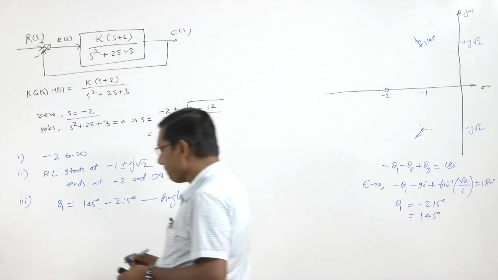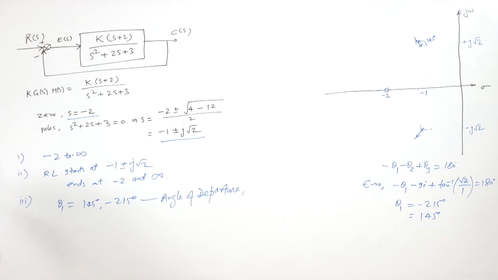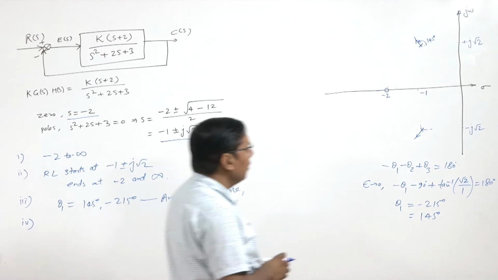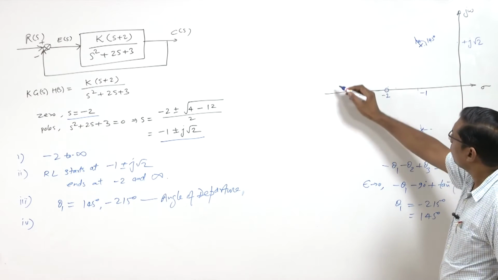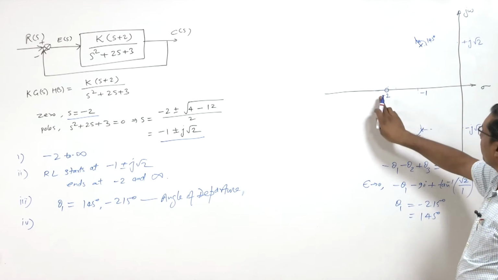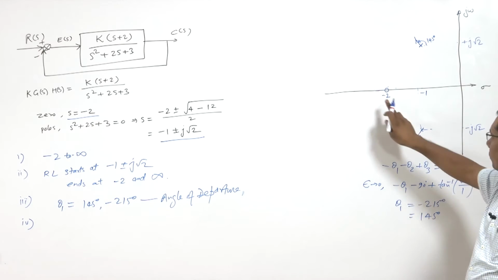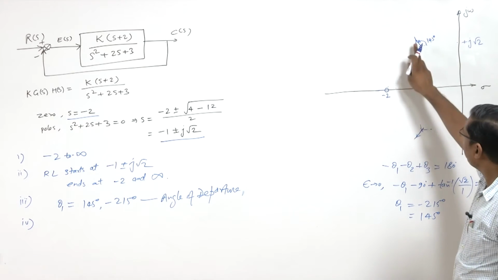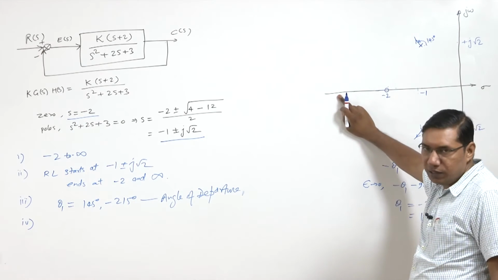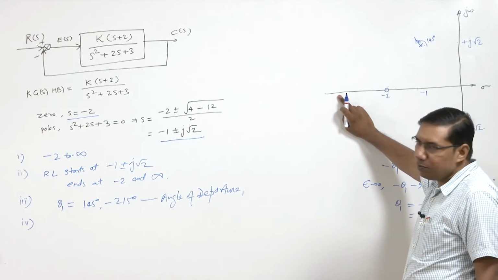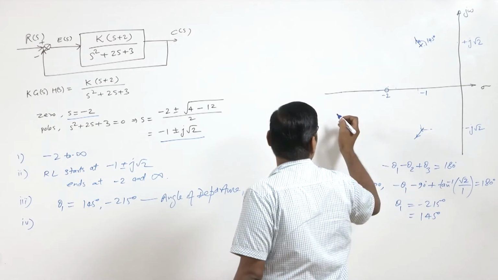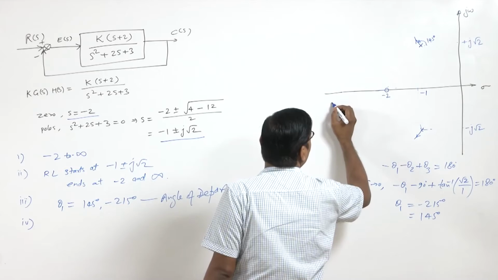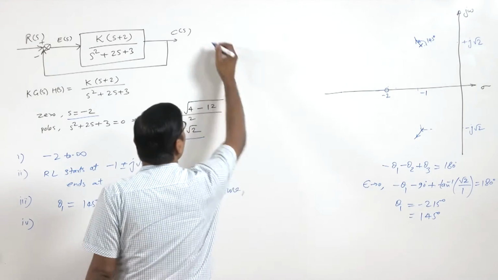Now we know that when going from here, the root locus has started but it has to come to this point because there is a zero. So they must reach the real axis at some point, and that point is called the break-in point. So we have to find the break-in point.